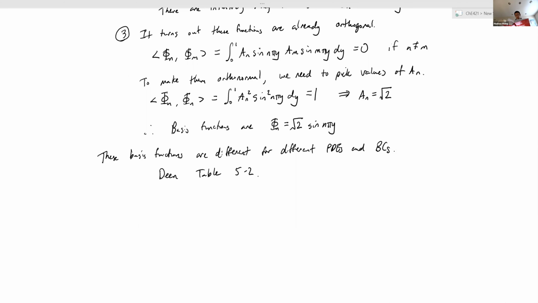If I can find it. Can you guys see that? This is page 168 in the most recent edition. And at the bottom is table 5.2. You can see those basis functions right here, right?